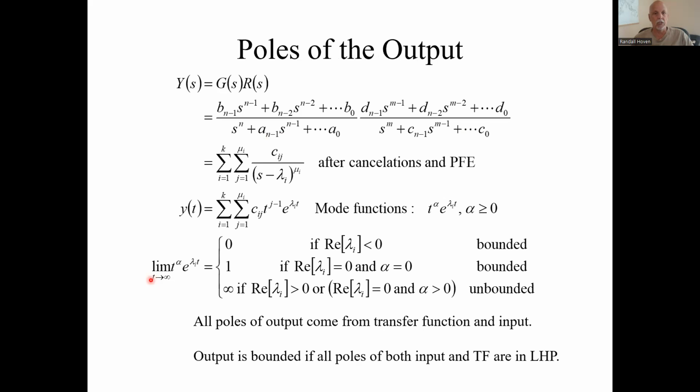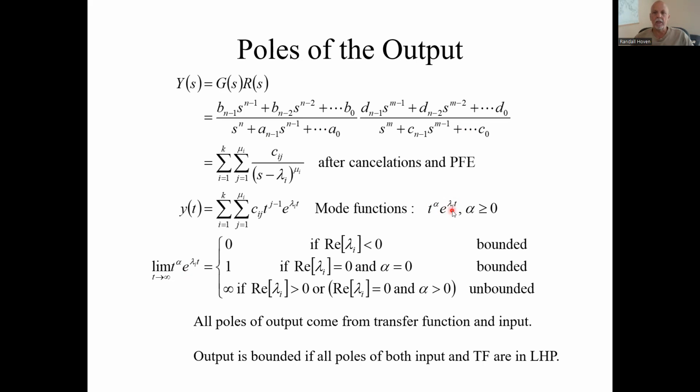We're going to look at these limits as time t goes to infinity to see if this thing stays bounded. So that's the easy case. When the real part is strictly negative, it's going to shrink to zero, because by L'Hopital's rule, the exponential wins over this polynomial and it shrinks to zero.